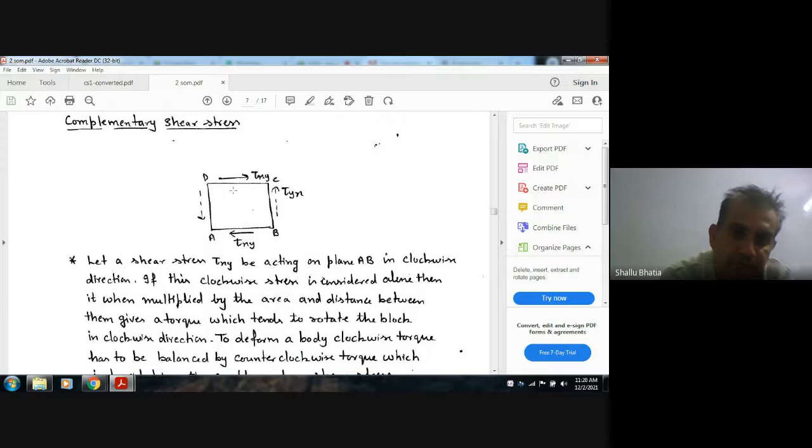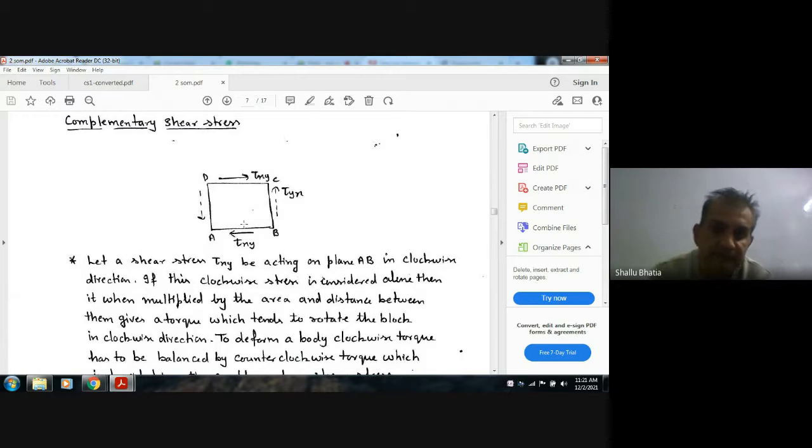So it will create a moment which will tend to rotate it in clockwise direction.